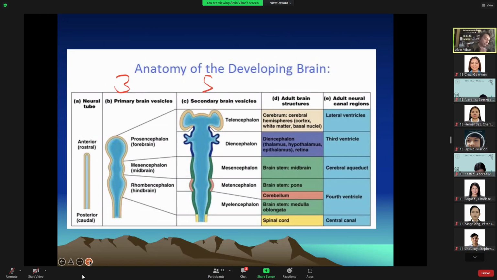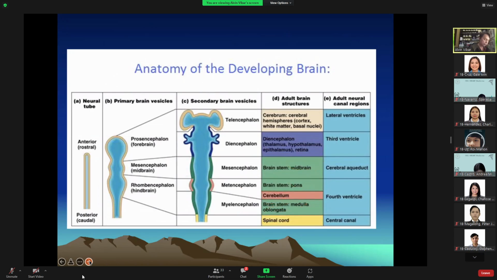I want you to remember this part. Hanggang board exam, tatanungin po kayo dito, ha? Telencephalon will become the cerebrum. Diencephalon will become the thalamus. Mesencephalon will become the midbrain. Metencephalon will become the pons and cerebellum, while myelencephalon will become the medulla oblongata.